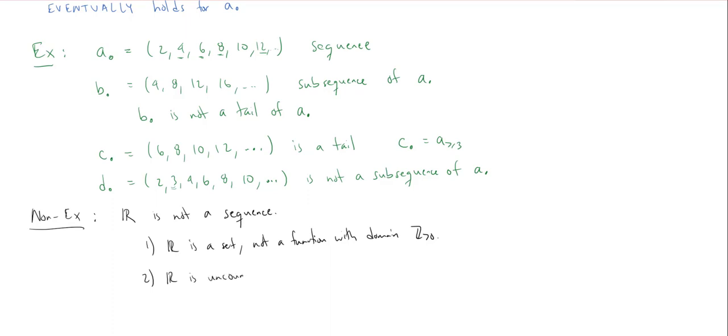And what that meant is that there was no bijection from the real numbers to the positive integers, or, if you like the other way around, from the positive integers to the real numbers.